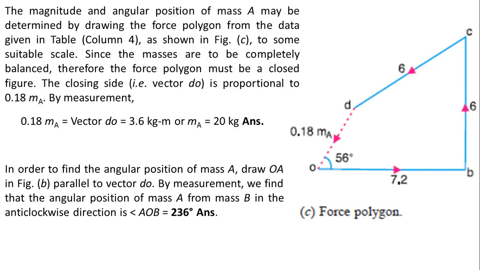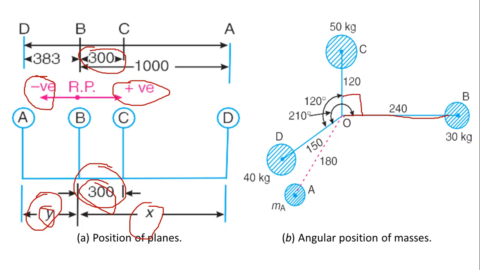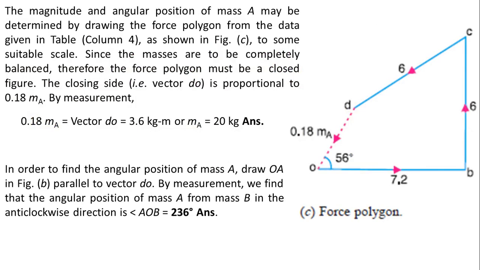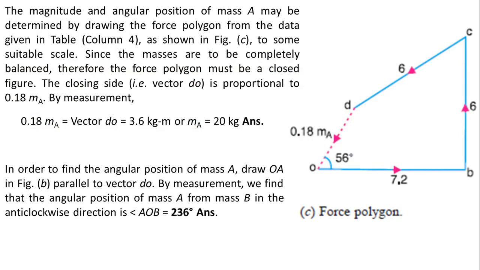Okay, so let us go further now. First you will draw the force polygon, with the given values, whichever is known. So B as the reference plane, A is unknown here. B is 7.2, so we'll start with B 7.2. It is horizontal, 0 degree. So from O to B this is 7.2.